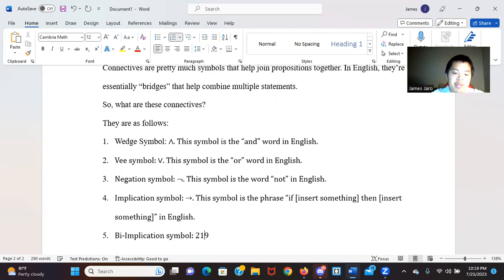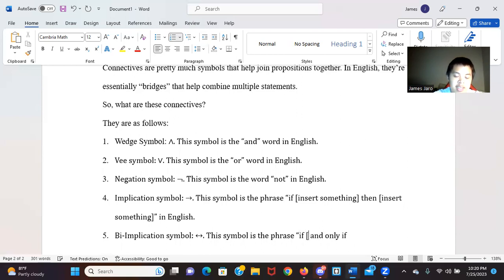Together it would look something like this, where instead of one arrow, you would have two arrows, one going to the right, one going to the left, hence the idea of "bi." This symbol is the phrase "if and only if."